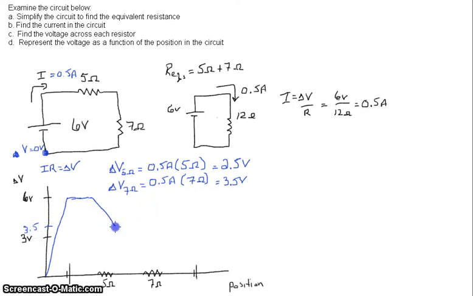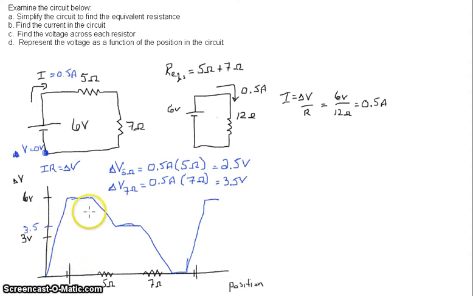Alright, it travels in the wire next to the 7 ohm resistor. Well, we'll drop 3.5 volts all the way down to 0 till it hits the battery again. Then it will spike back up to 6 and drop. So this is what a voltage as a function of position of the circuit graph will look like.